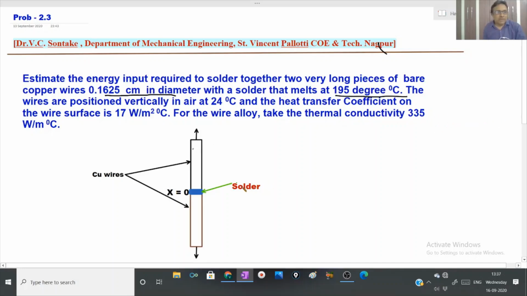The wires are positioned vertically in air at 24 degrees Celsius and the heat transfer coefficient on the wire surface is 17 watt per meter square degree Celsius. For the wire alloy, take the thermal conductivity 335 watt per meter degree Celsius.